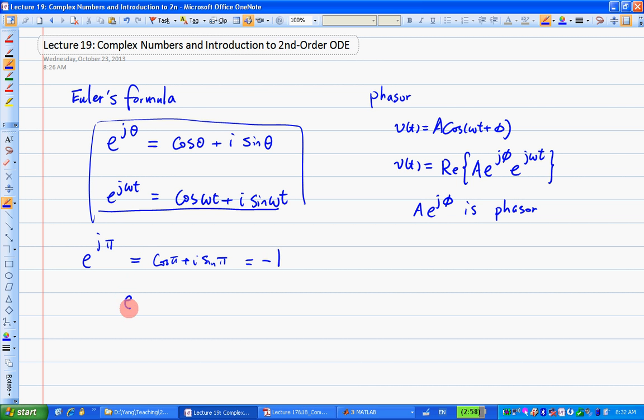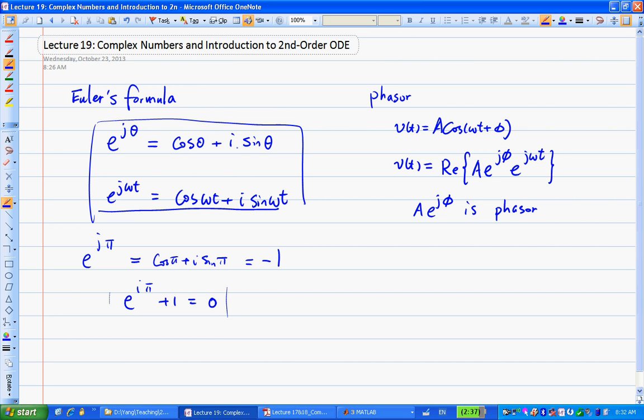So you have e to the power of j pi plus 1 equal to 0. A lot of the time, if you search for Euler's formula, what they give you is this. Where's that from? It's basically from here.